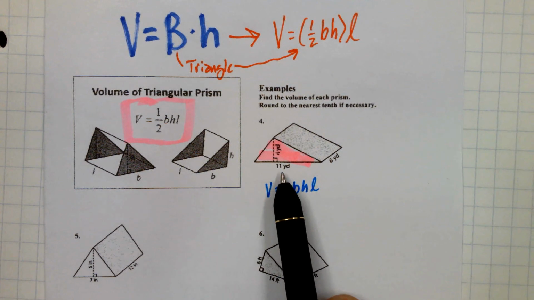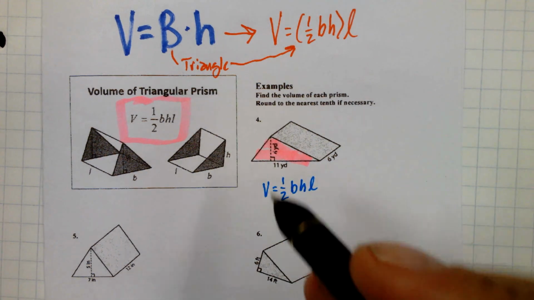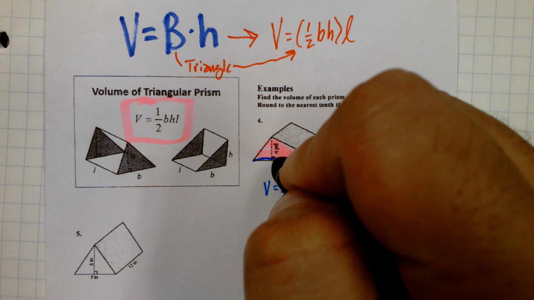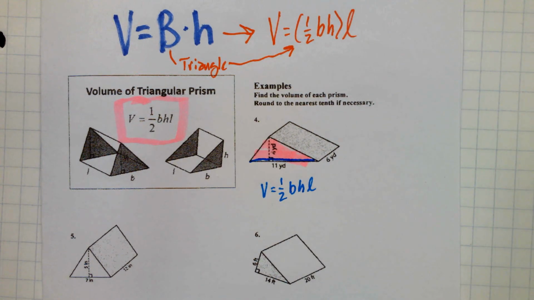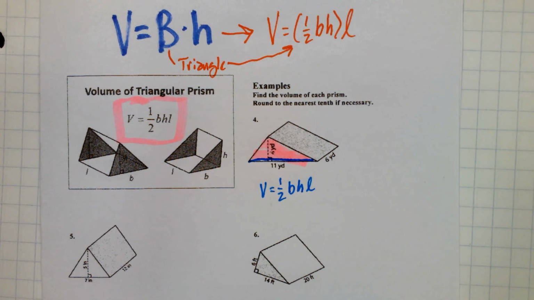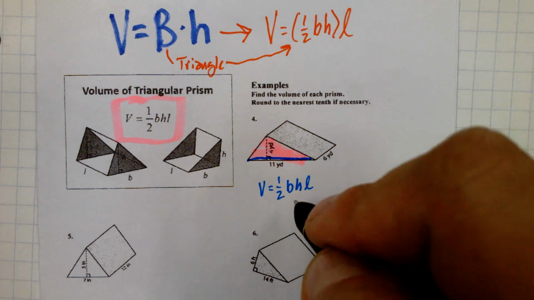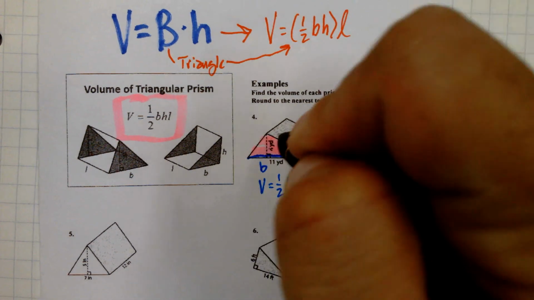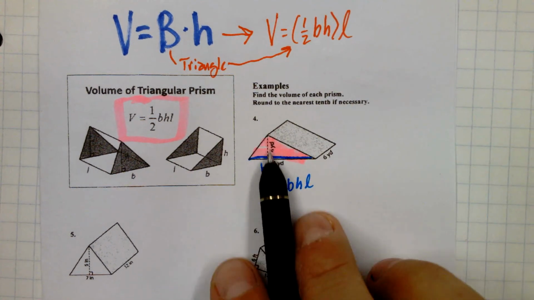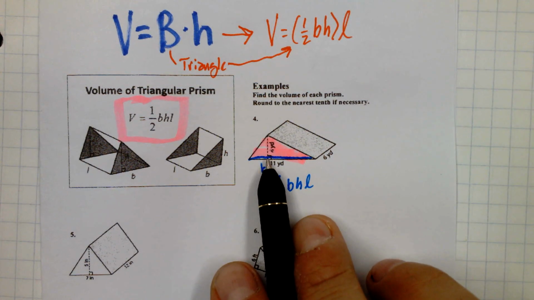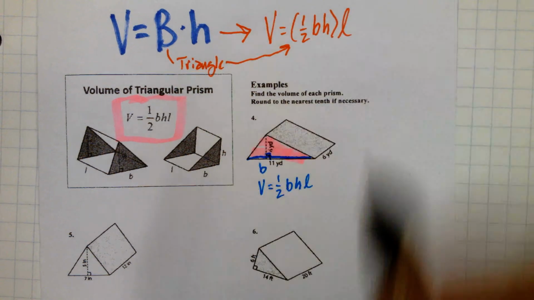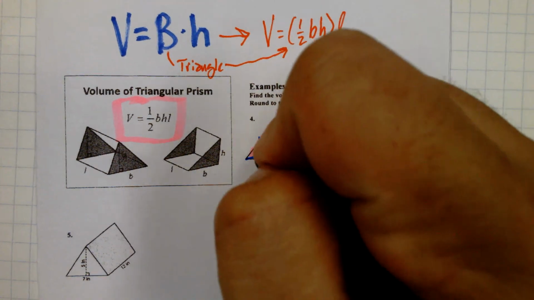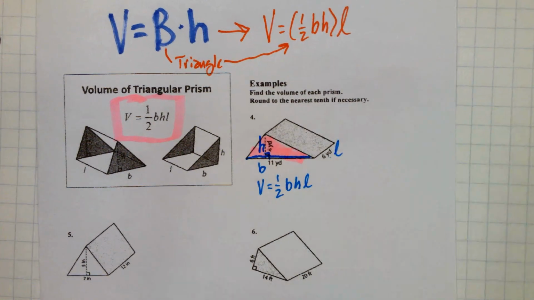So number 11, is that going to be our base or our height? You remember when you worked on this in 6th grade? I think that's 6th grade. Whenever you have that length here that's going on the edge, that's a base on a triangle. So this is going to be the base. Anytime you have the part that forms a right angle, as you can see, I covered it up a little bit, but that forms a right angle. This is going to be the height. And so that's going to be our length.